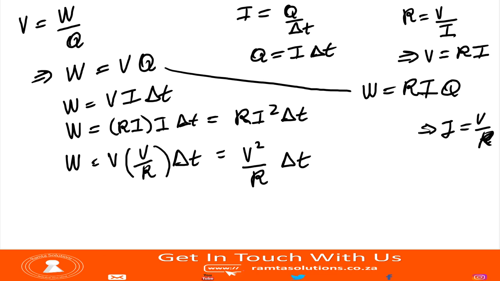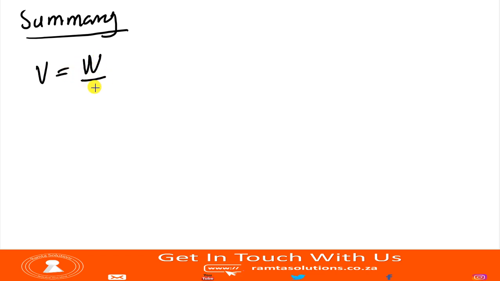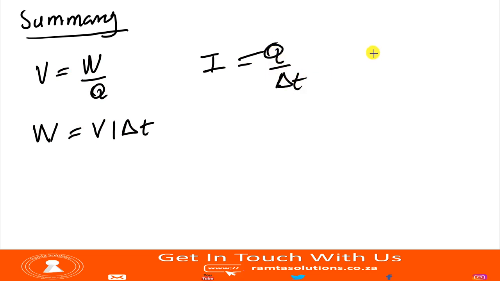So, in summary, the formulas that we are using would be V equals W over Q, and it can also be W equals V I delta T. We use I equals Q over T. We also use R equals V over I. Then we can play around with them to find whichever we need if we are lacking whichever. So these are the formulas that you use.